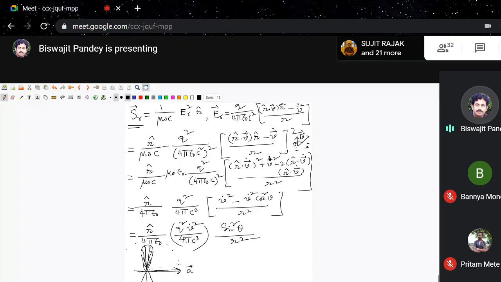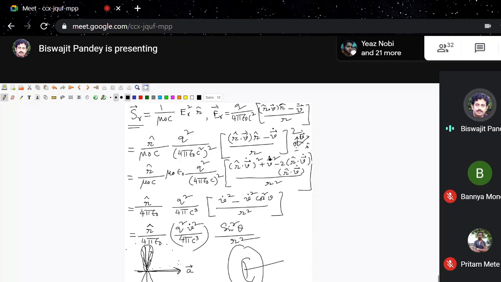If that is the case, then for each and every direction you should get such a lobe. So if you combine all those lobes in three dimensions, you will finally get a toroidal shape, something like, what is that called, a donut shape. I cannot really draw it, but it's donut shaped, right?